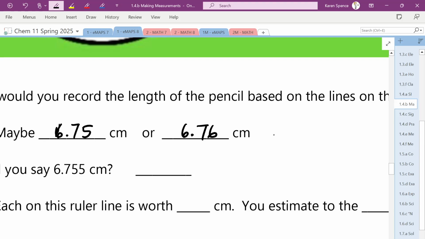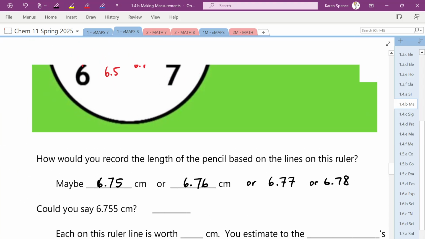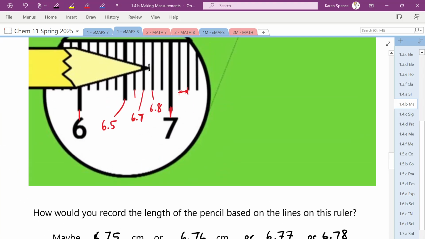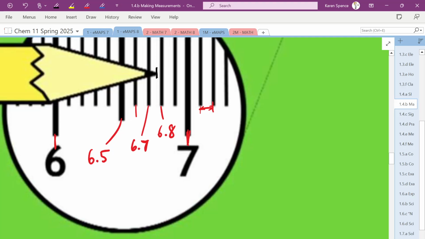You might even say 6.77 or 6.78. I think if you went to 6.79, maybe we're not quite close enough, but you could still maybe get away with it. It looks like it's at least halfway, so I wouldn't go below 6.5 because then you're sort of getting into I haven't estimated my numbers very well. I've done a bad job at estimating.